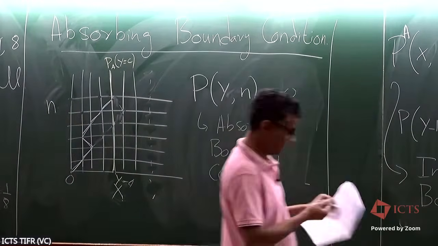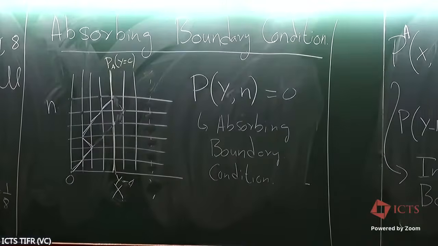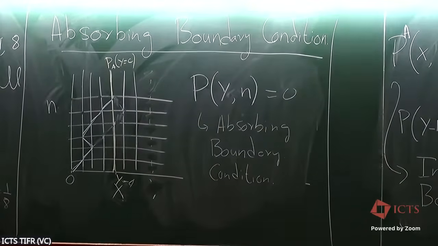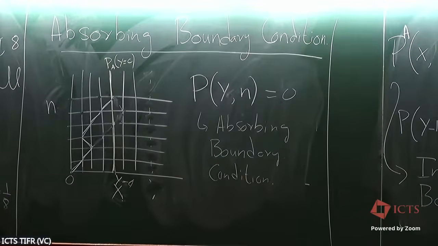So basically what I'm saying is, how do we find first passage from 0 to a? Let's say in the first step with probability half, it will go this way, half this way, right?